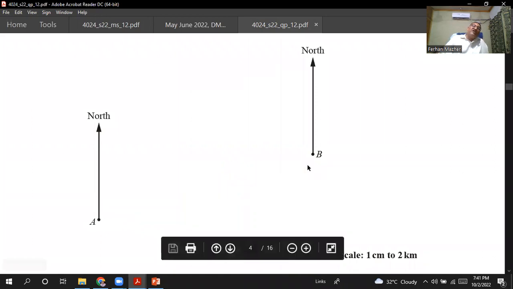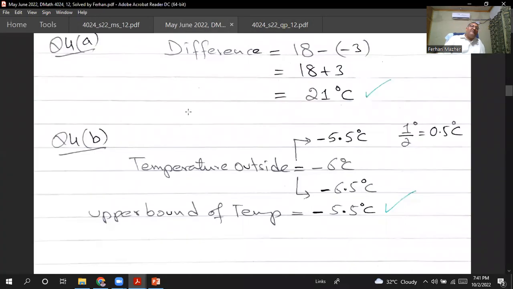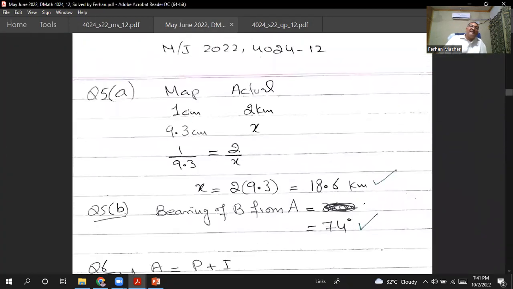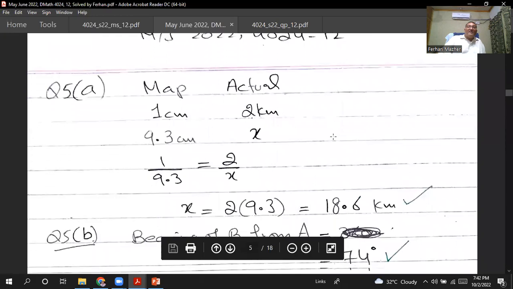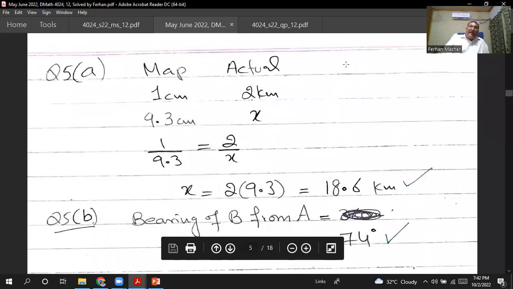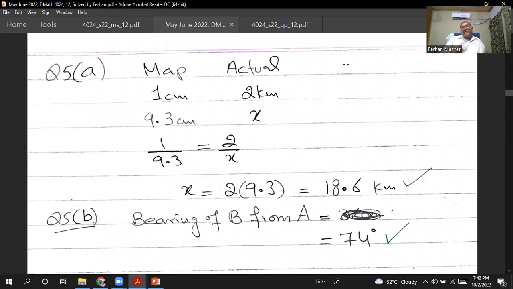So with the help of the scale, measure the distance between A and B. I have measured that distance, and it was 9.3 centimeters. You can do the same if you have a hard copy of your paper with you, and you will observe that it's 9.3 or 9.4 centimeters.